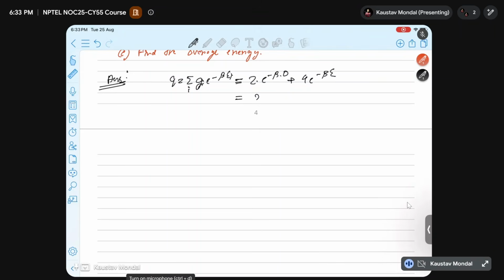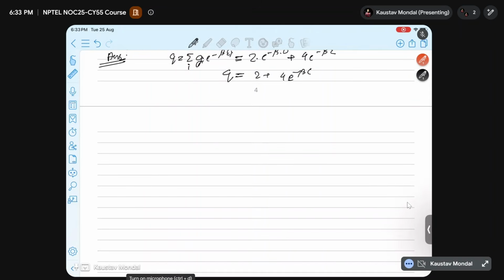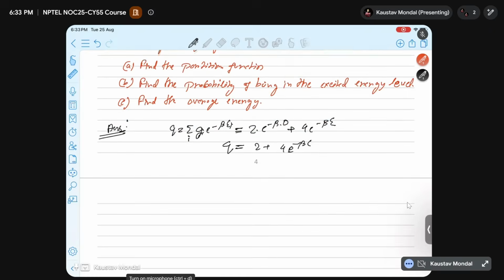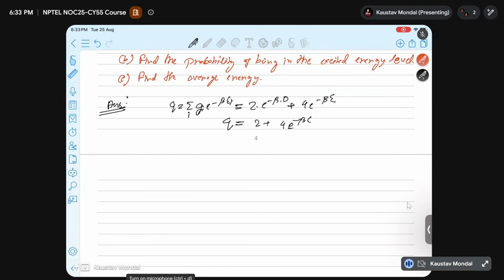Okay, so it will give you 2 plus 4 into e to the power minus beta epsilon. This is the expression of the partition function Q. So now you get the partition function. It is the first question.